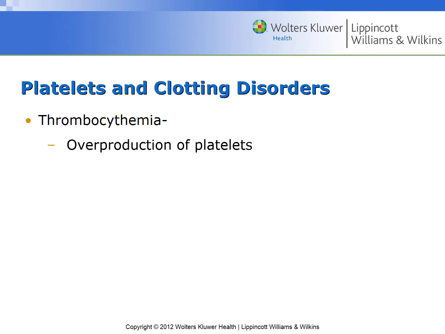So it's an overproduction of platelets, and it may cause occlusions in the bloodstream or hemorrhage from increased pressure, damage to vessel walls. We have this overproduction, and it can cause vessels to break.